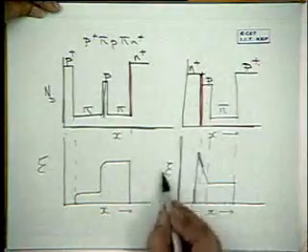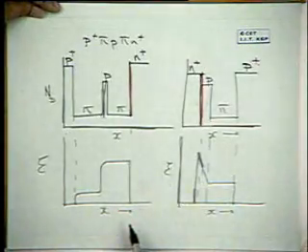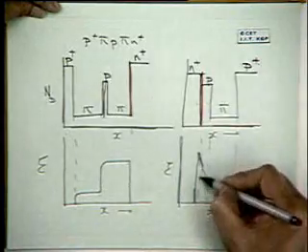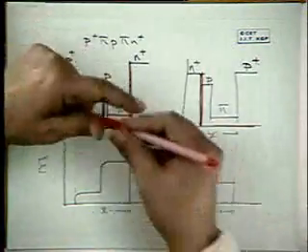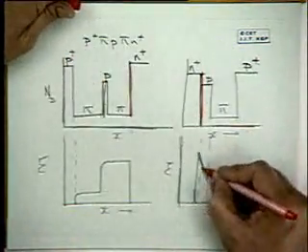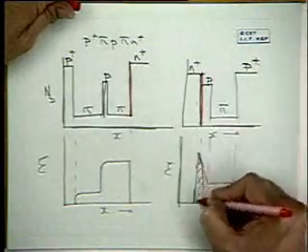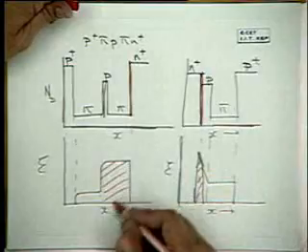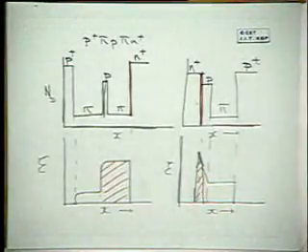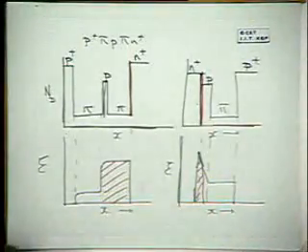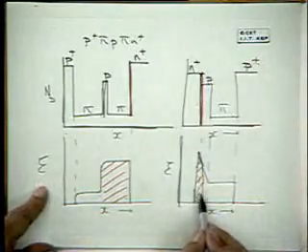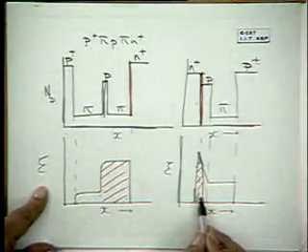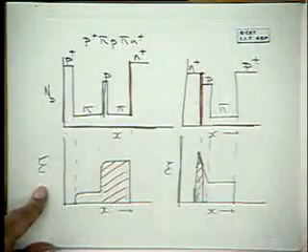So by tailoring the field profile here, the avalanche multiplication will occur only over perhaps just this region, where the electric field is very high. Here, in the whole region, you get avalanche multiplication. So if you reduce the avalanche multiplication distance, then sometimes the avalanche delay is reduced.